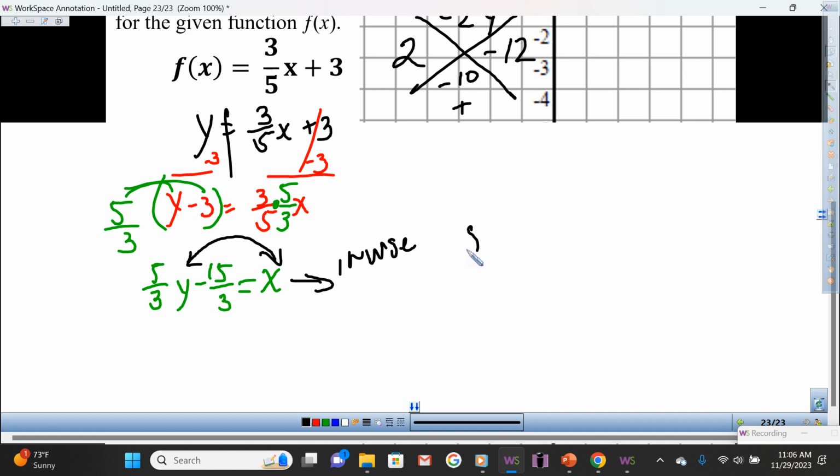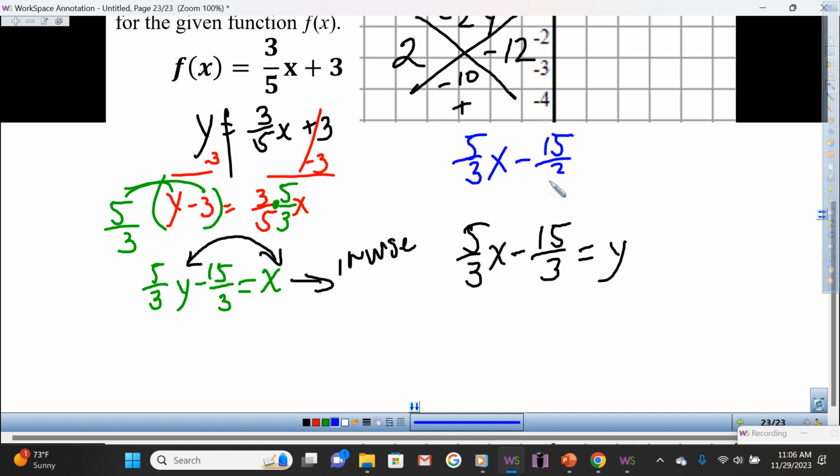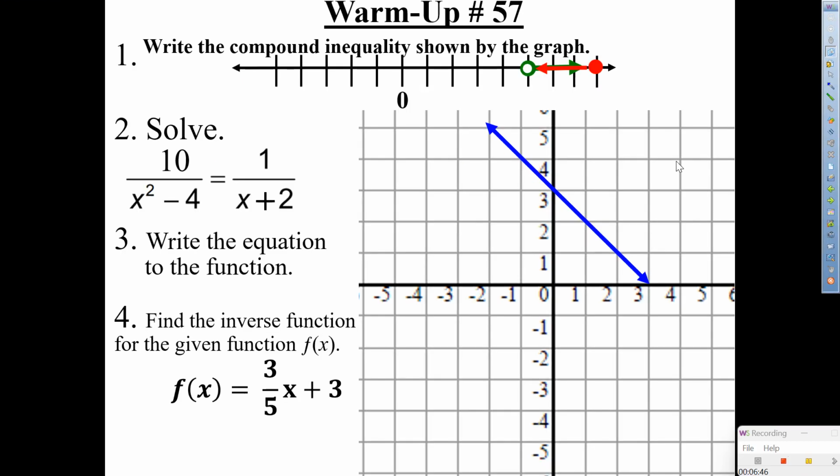So therefore, 5/3 x minus 15/3 equals y. Now we need it in function notation, so 5/3 x minus 15/3 equals f of x, but to indicate it's the inverse, we put a little -1. And you got something like that? Now check this out. Could I simplify this one? Yes, that could be a what? -5. Okay.